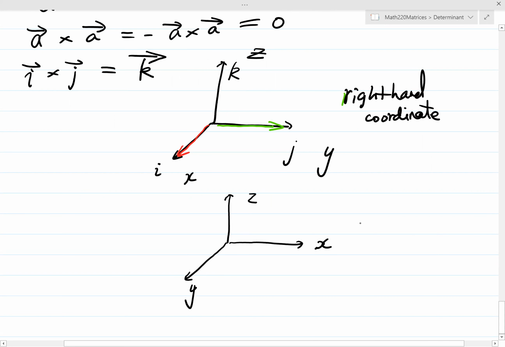So this will be a left hand. If you switch x with z, switch x with y, then actually you get a left hand coordinate. It's not wrong, but it's unconventional because the right hand coordinate is all conventional.